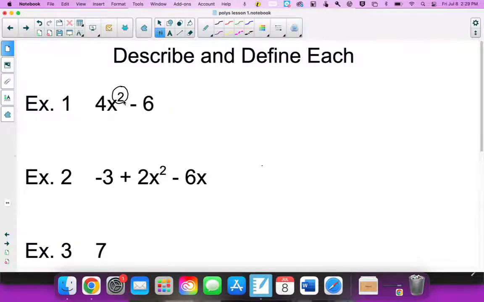So highest exponent is 2, and there are 2 terms. I know those are 2 separate terms specifically because they're separated by an addition or subtraction sign. So this is a quadratic because it has a highest degree of 2, and it has 2 terms, so it is a binomial, quadratic binomial. Okay, so that's how we're going to be making sure we describe them.